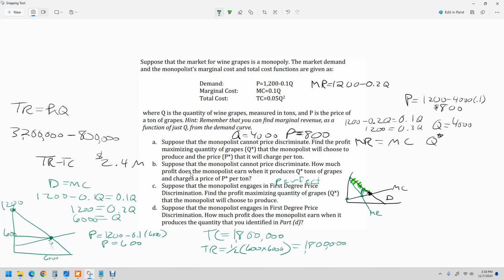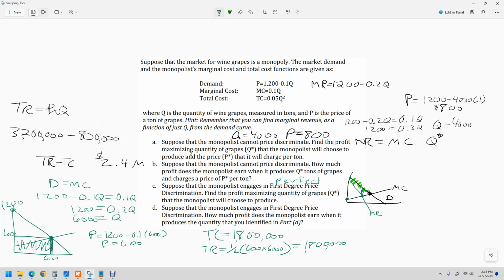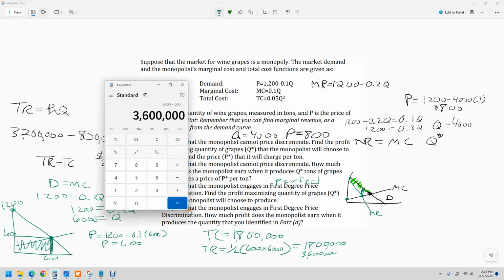Then I want this bottom part right here. Okay, so on that, then it would be 600 times 6,000. So then it's another 3.6 million. So 1.8 million plus 3.6 million.